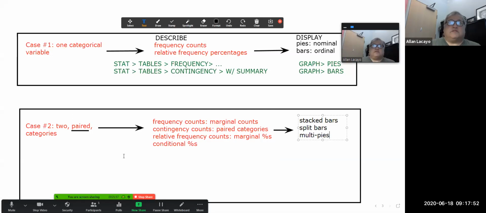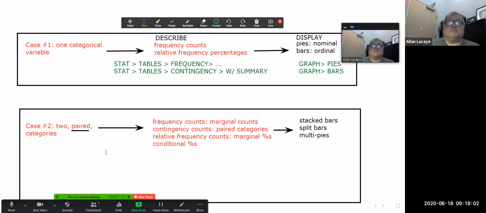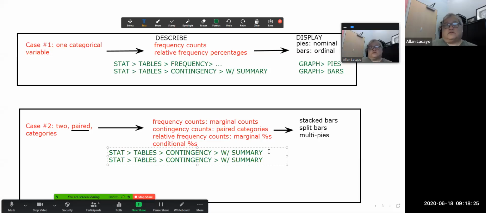And the command sequences that we are going to learn to employ are going to be Stat, Tables, Contingency, with Summary, as well as Stat, Tables, Contingency, with Data on some occasions.